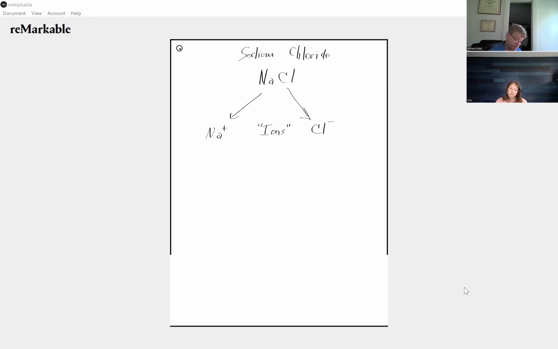Positively charged ions are called cations. Cations, positively charged ions.